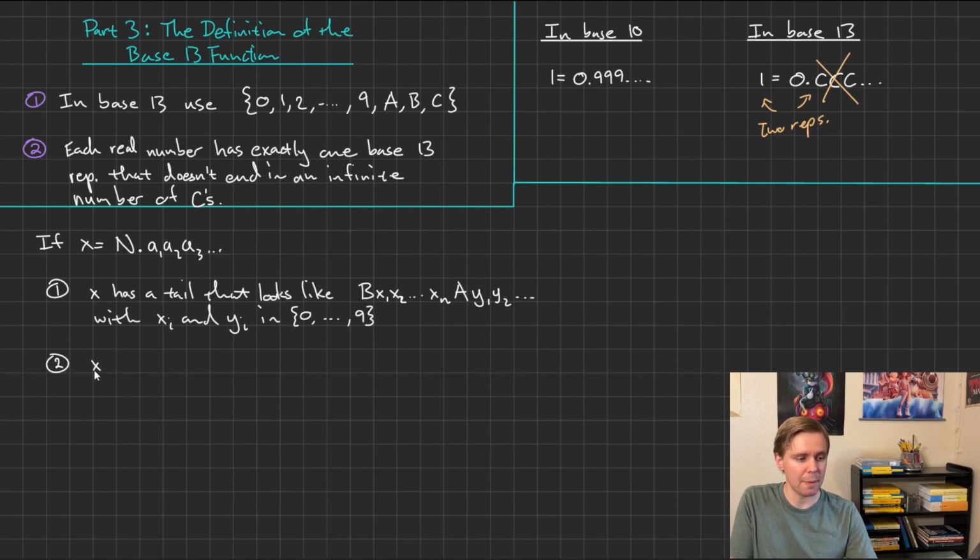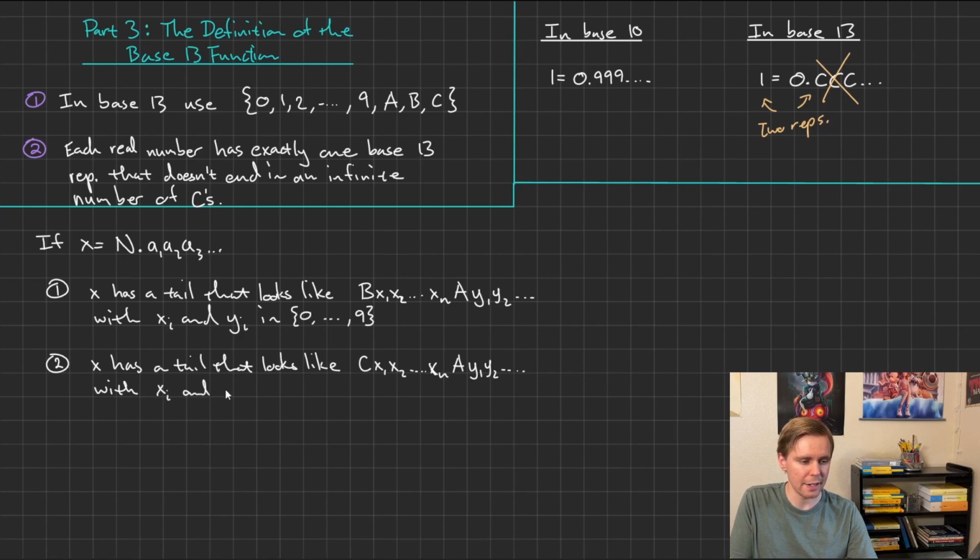Second thing that can happen is that x has a tail that looks like c, x1, x2, all the way to say xn, and then a, and then your y1, y2, and so on. Again, with the xi and the yi in the set 0 through 9.